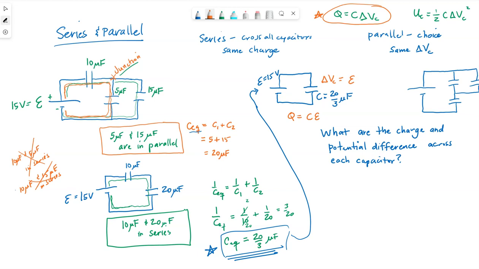Okay. Now, this is not the final answer we're looking for. This represents the charge that would accumulate specifically on the plates of this equivalent capacitor.